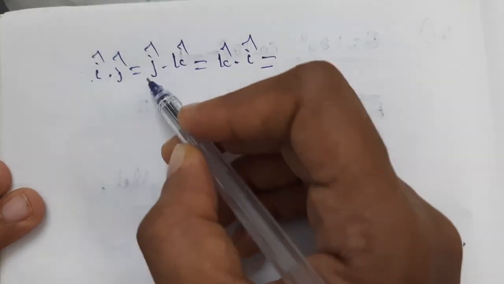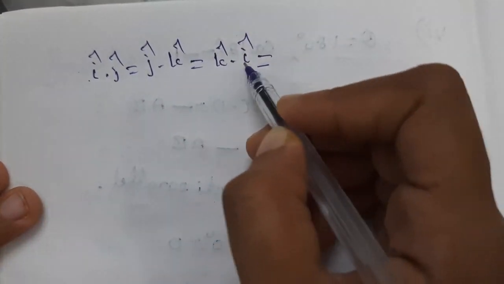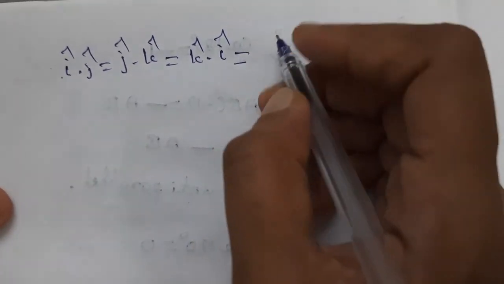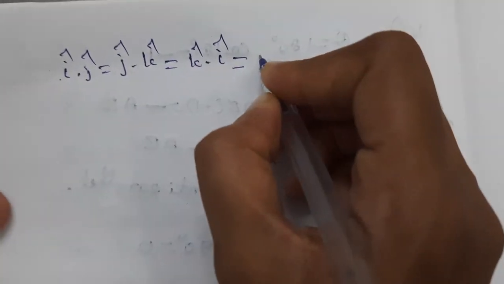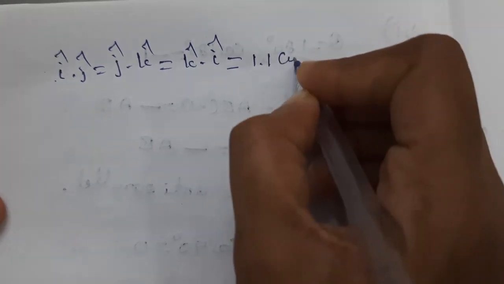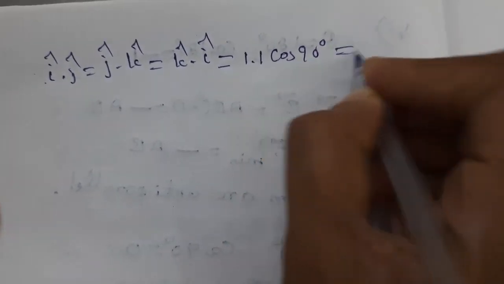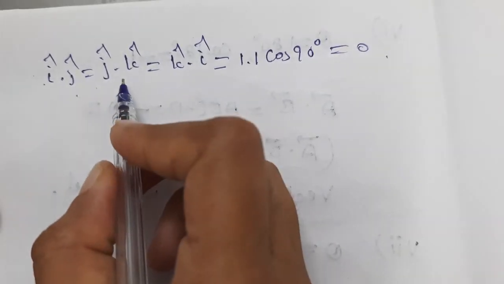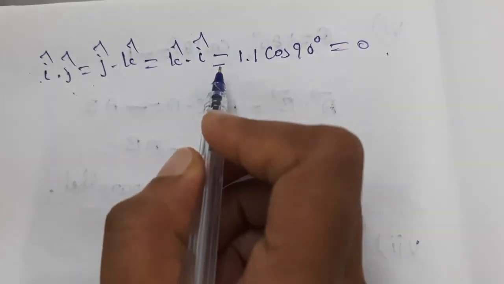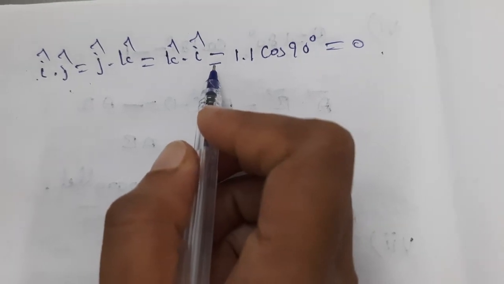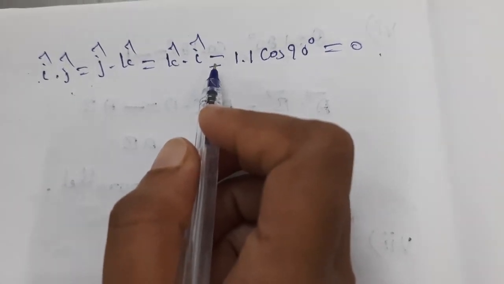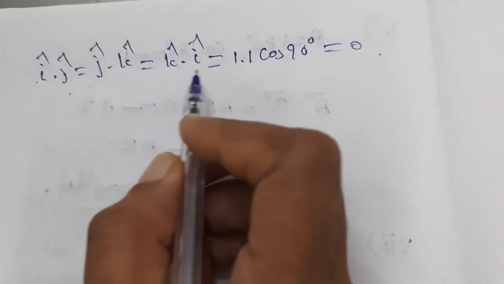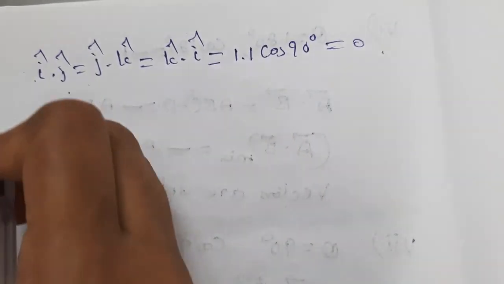The angle between j and k is 90 degree. The angle between k and I is 90 degree. That is orthogonal vectors. So we can write unit vectors 1 into 1 cos 90 degree, that is equal to 0. So I dot j is equal to 0, j dot k is equal to 0, k dot I is equal to 0. In case of unit vectors, I dot I is equal to 1. In case of orthogonal vectors, the angle between I and j or I and k is 90 degree.